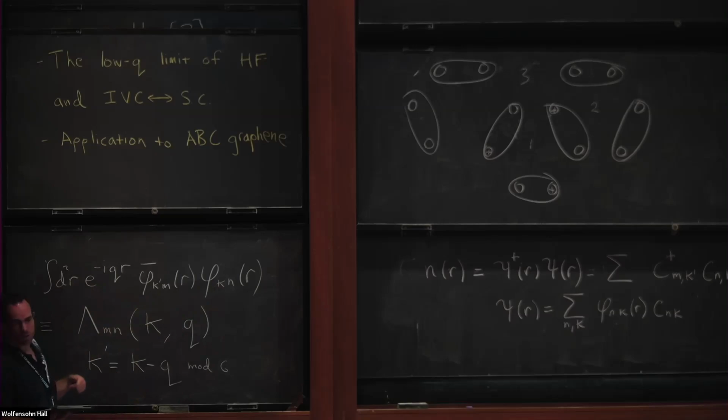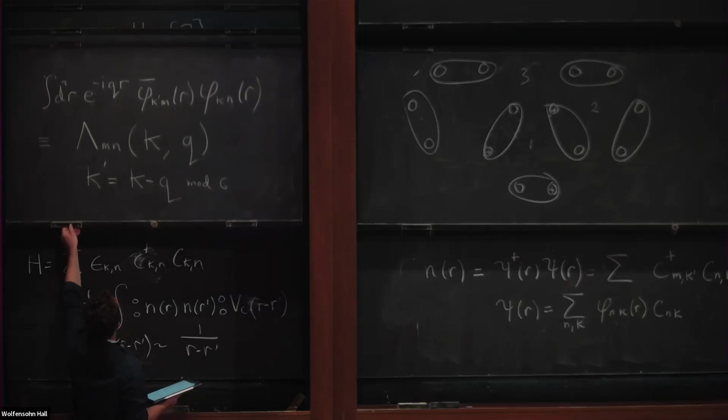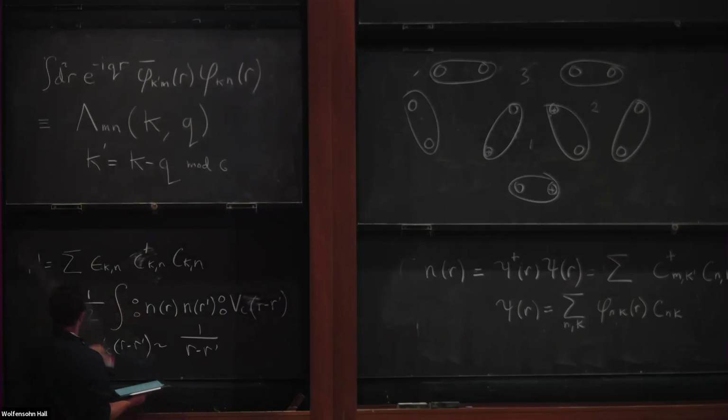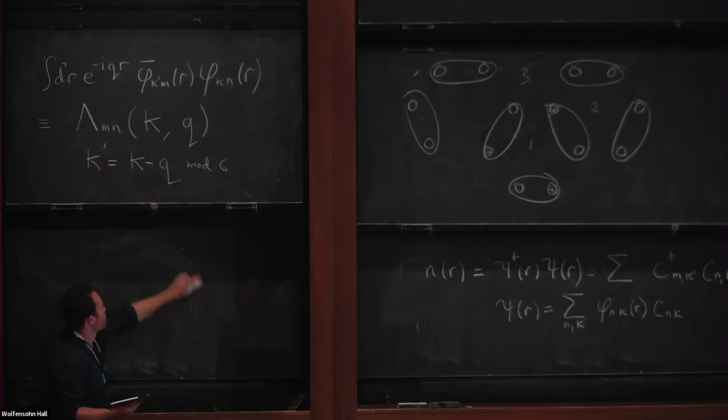And this thing is called the form factor. Perhaps there is a nicer notation for it. Maybe a less complicated way of thinking about it is that it's just a matrix element, a lot more compact.